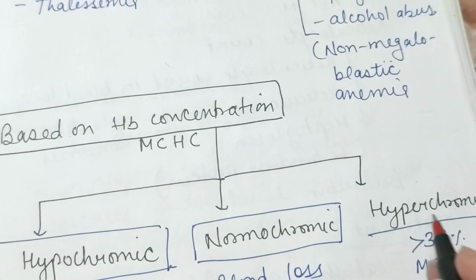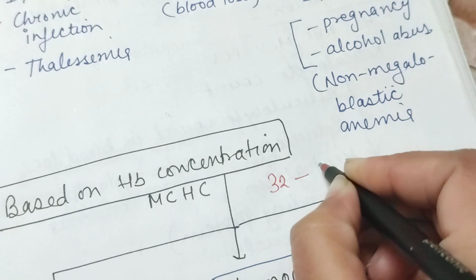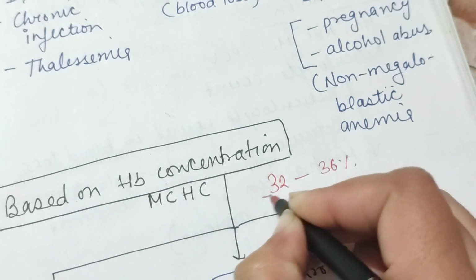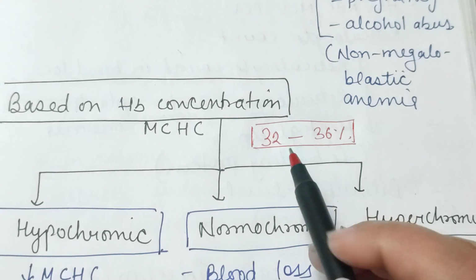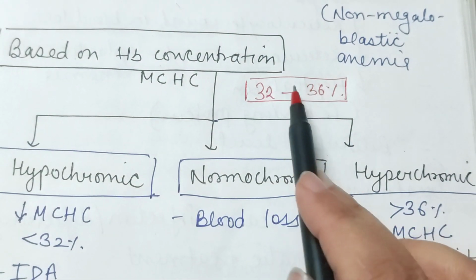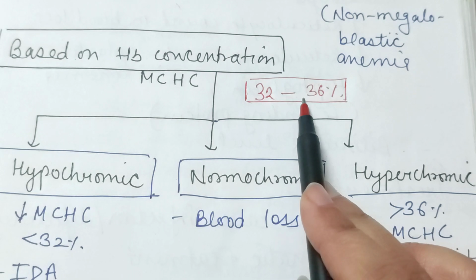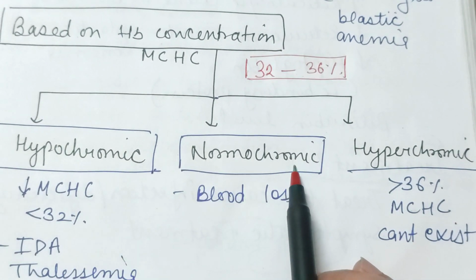Look, 32 to 36% is the normal value of MCHC. So whatever exists in this normal range shows that hemoglobin is normal in amount in 1 RBC. So we will call that normochromic anemia.